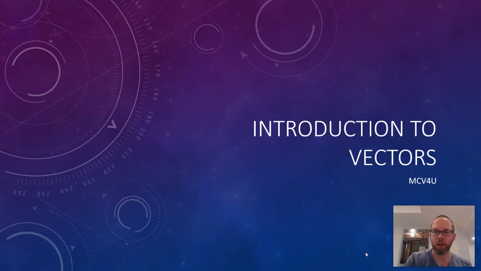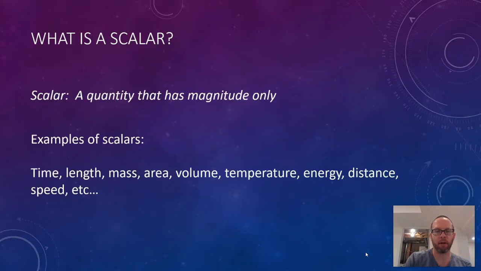So let's dive in. First, we have to talk about what a vector is, and at the same time, we have to talk about what a scalar is. A scalar is a quantity that has magnitude only.